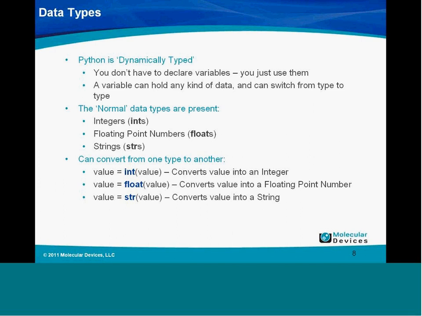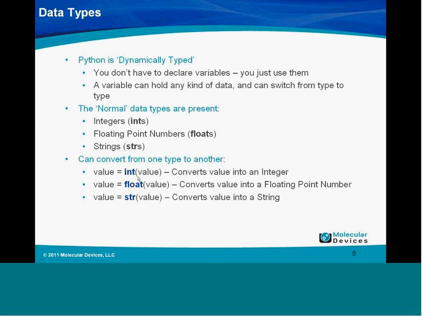There are normal types of data, for instance, integers, which are whole numbers, floating point numbers, which they call floats, and then strings, which would have the str name. And you can convert from one type to another. Usually, if the conversion is required, there's methods with appropriate names.